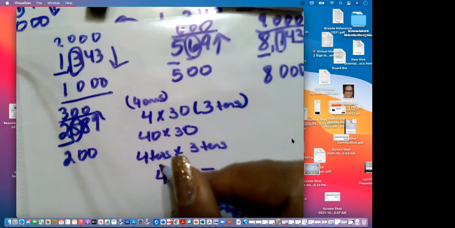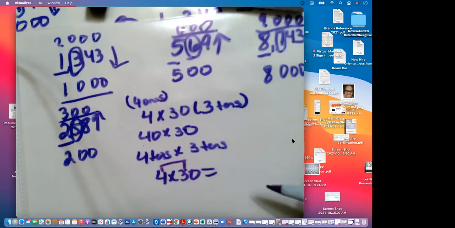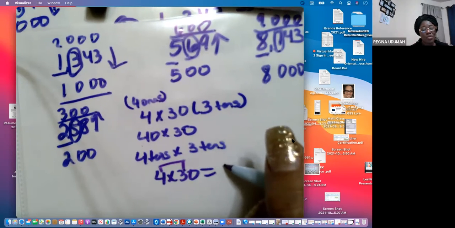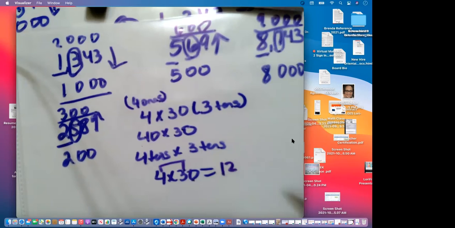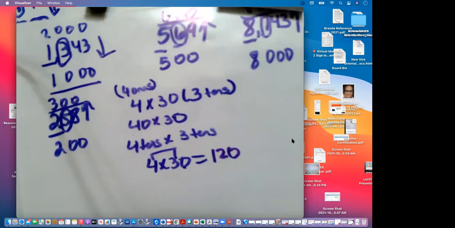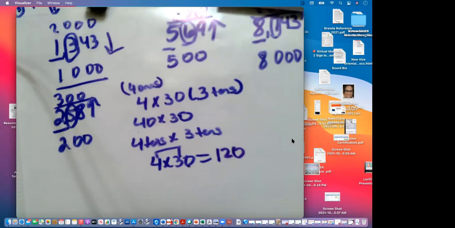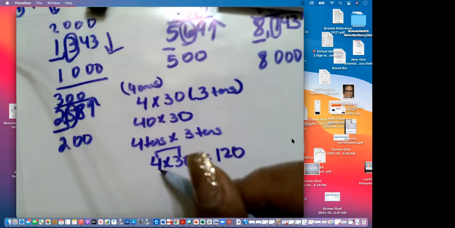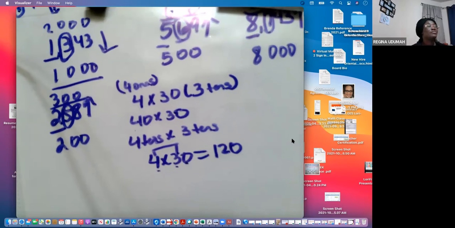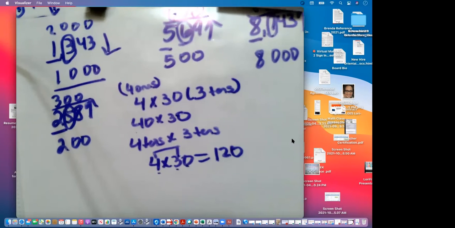What do I know about 4 times 3? 12. And how many zeros? 1. So my answer is 120. You see how I did that? I multiplied my basic facts, which is 4 times 3, and added a zero.